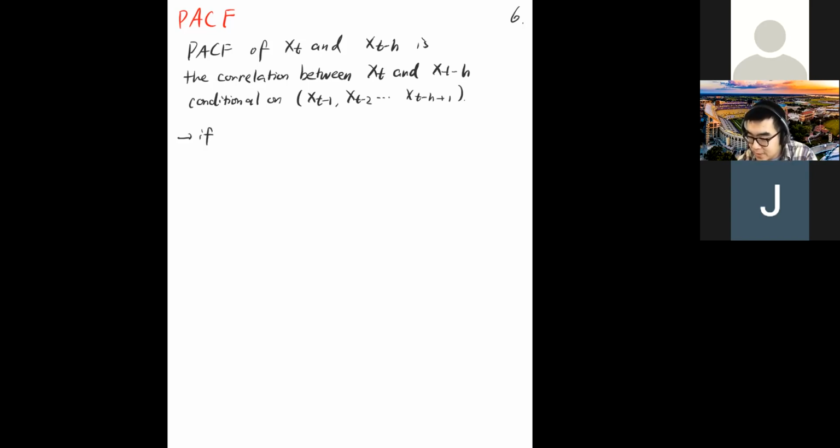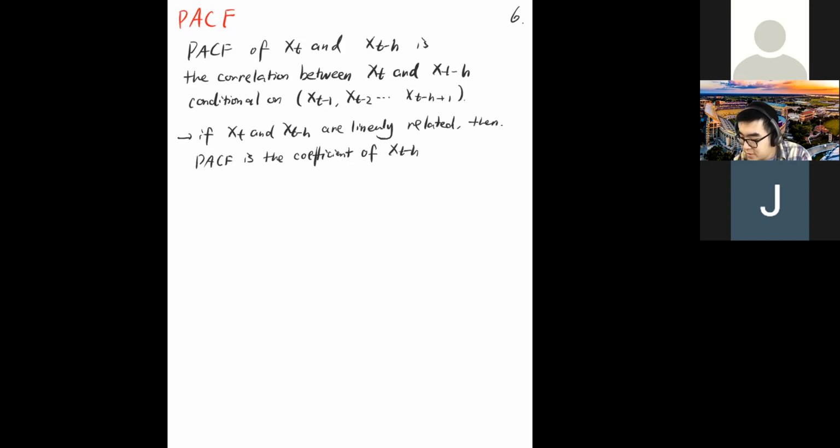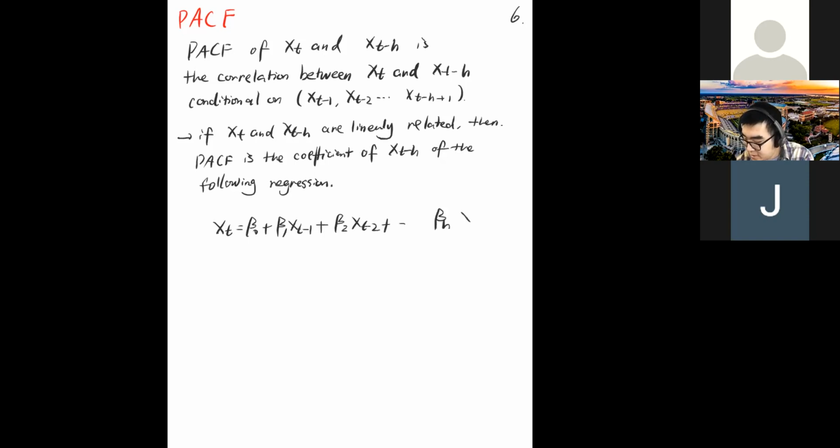If xt and xt minus h are linearly related, then the PACF is the coefficient of xt minus h of the following regression: xt equals beta 0 plus beta 1 xt minus 1 plus beta 2 xt minus 2, all the way to beta h xt minus h.